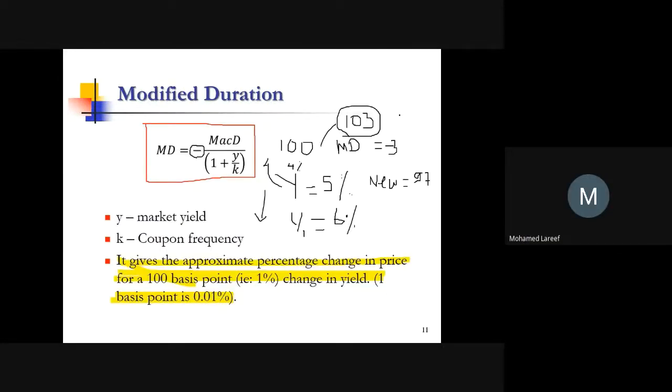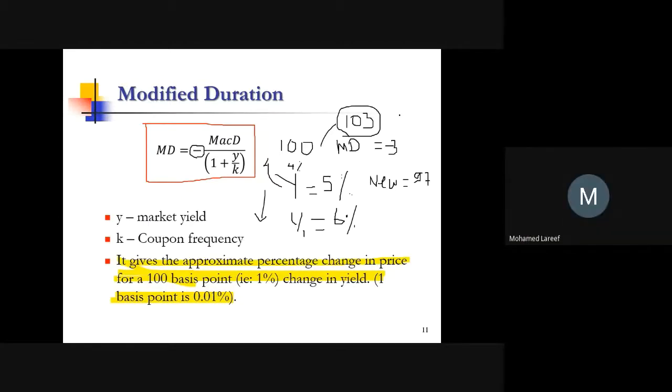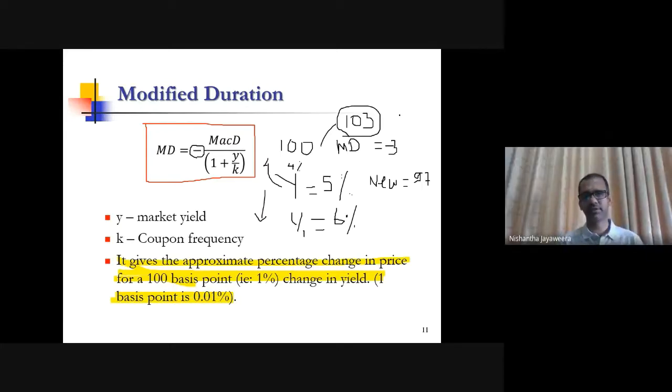When the frequency is high, modified duration is always less than the Macaulay duration, no sir? Is that an okay statement? Modified duration is always less than Macaulay duration, irrespective of the frequency. That depends only on the yield.